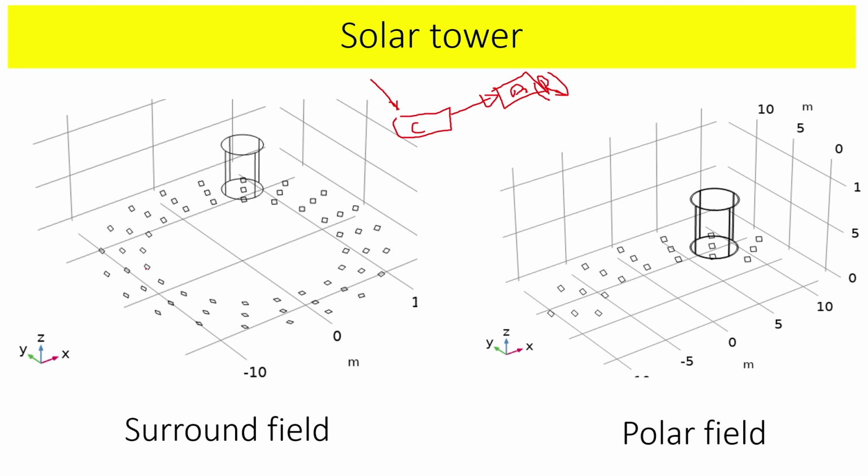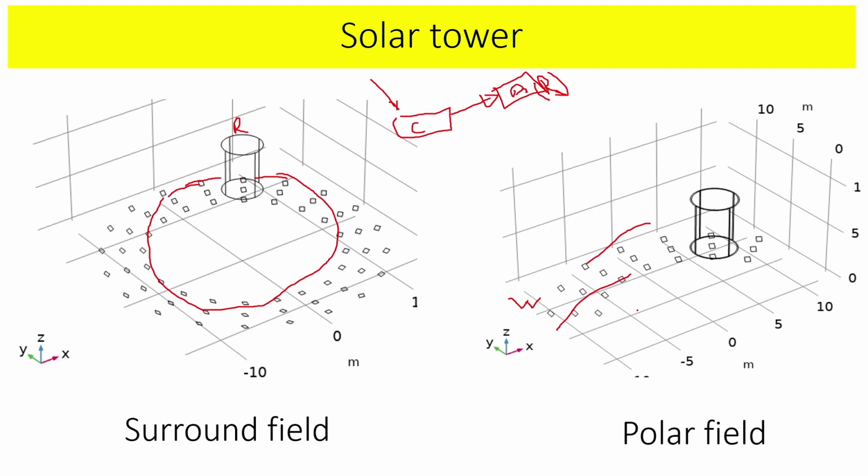Okay, so in a surround field, the collectors are all around a receiver. This is the receiver or absorber. These are collectors. They are all around. And this is the second type, where we have collectors only on one side.